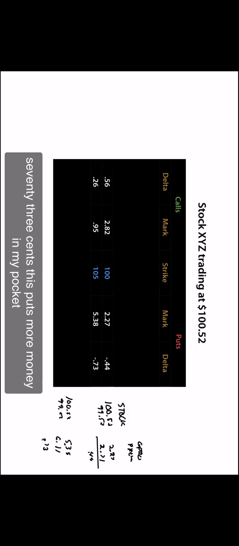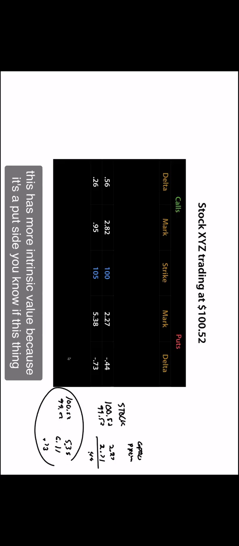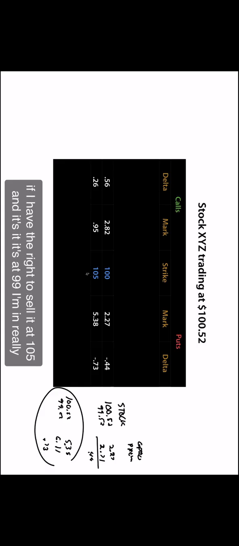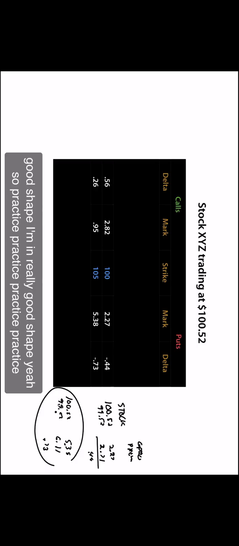So on this one, I made 44 cents, but on this one, I made 73 cents. This puts more money in my pocket. This has more intrinsic value because it's a put side. If I have the right to sell it at 105 and it's at 99, I'm in really good shape.